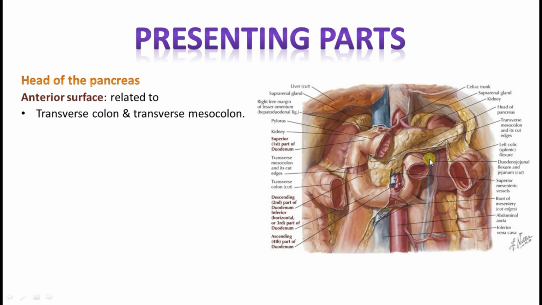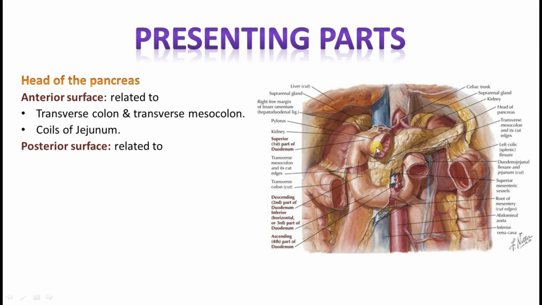The lower part is related to the coils of jejunum. Here is the duodenojejunal flexure, and then the coils of jejunum fill the whole part below. Above are the transverse colon and transverse mesocolon. These are the anterior surface relations.